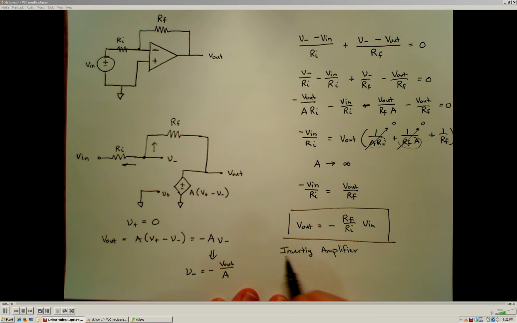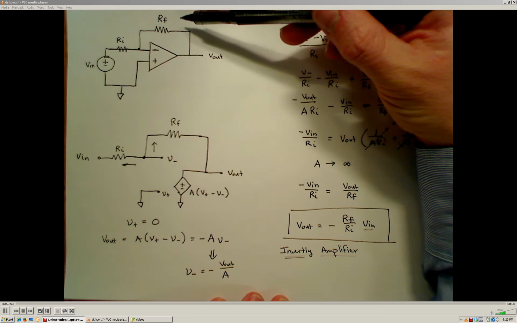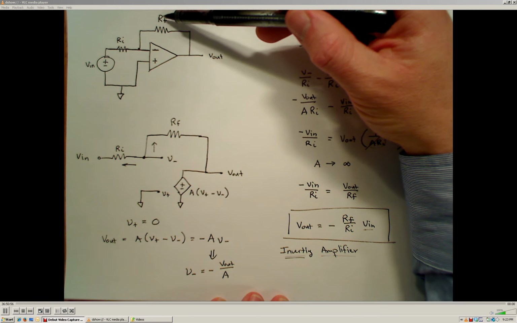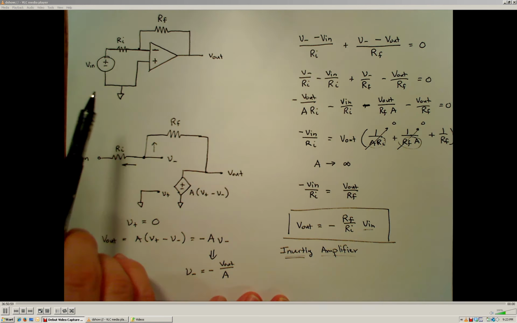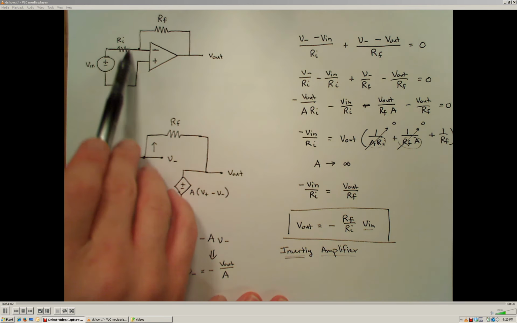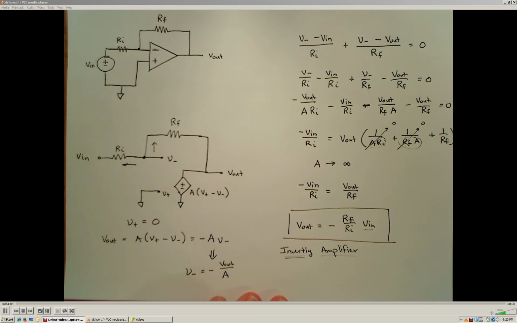So that's the inverting part. And the amplifier comes from the fact that we multiply the input voltage by this factor Rf over Ri. So the magnitude of the resistor in the feedback path, relative to the resistance on the input path, is going to determine the gain factor, or what type of multiplication factor we're going to have.